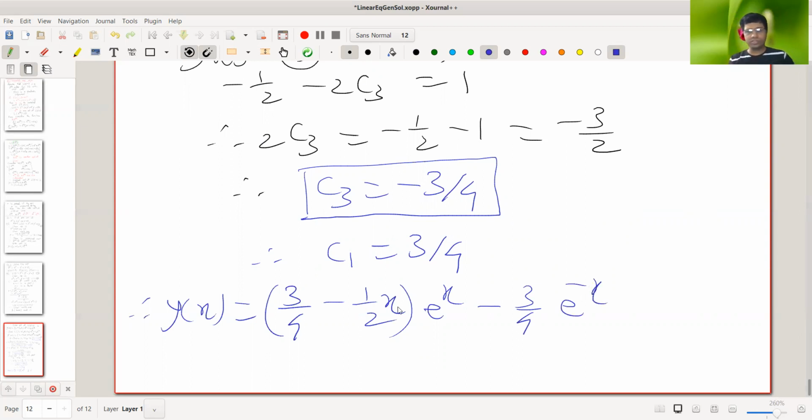So this is the solution of the given initial value problem.